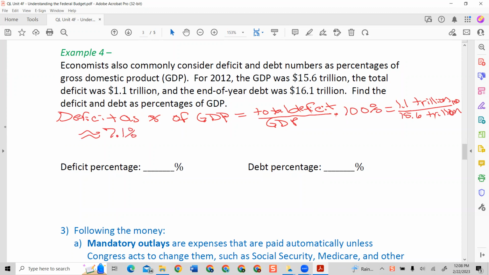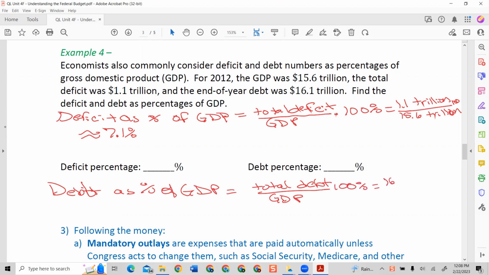All right, now let's find the debt as a percent. So I'm going to take the total debt divided by the GDP times 100%.